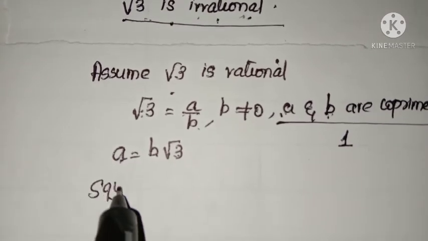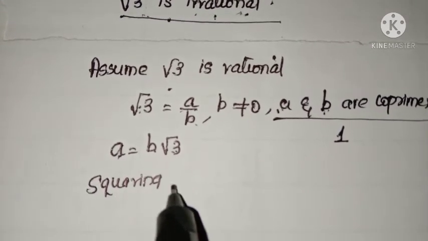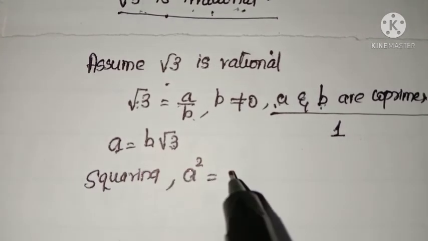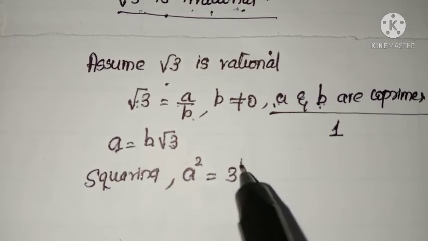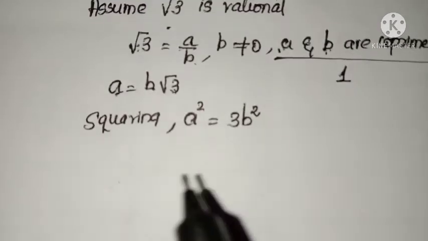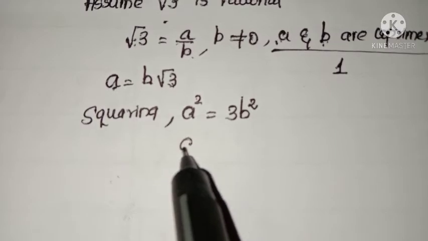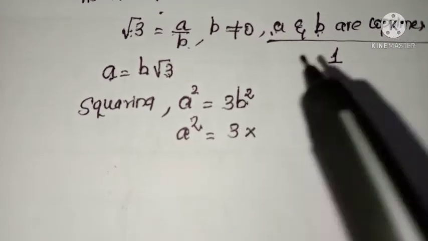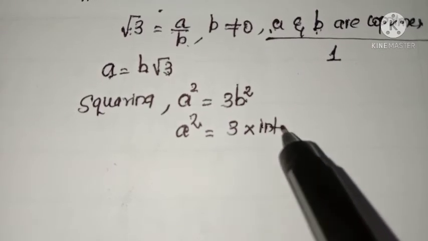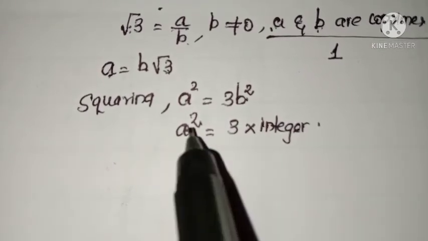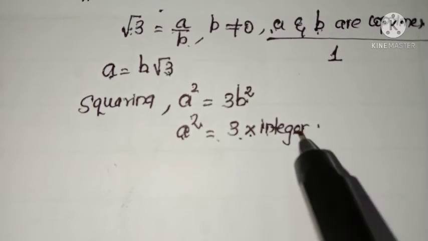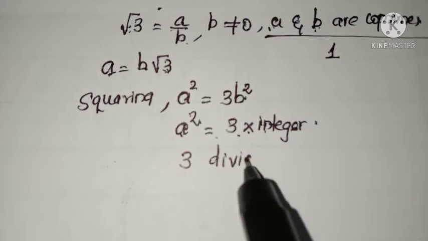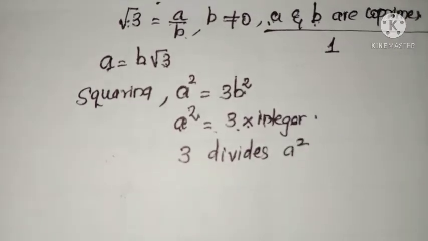Now squaring on both sides, we get a² equal to (root 3)² b², which is 3b². So a² equals 3b², which means 3 into b². b² is an integer. So a² equals 3 into an integer, which can be written as 3 divides a².